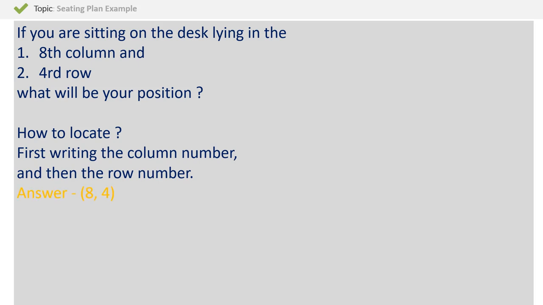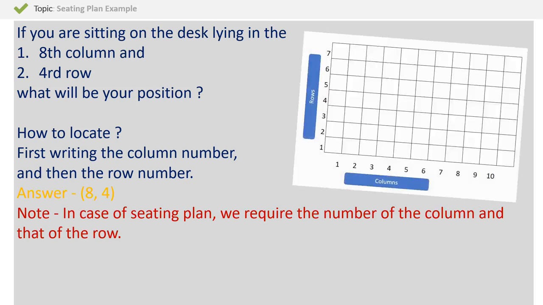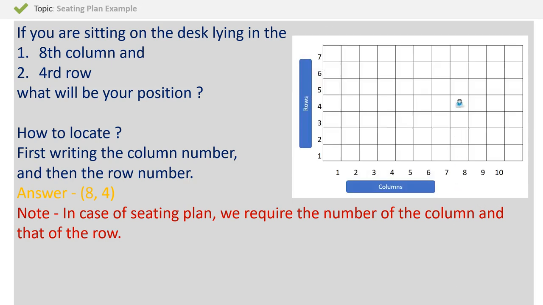The answer is 8, 4 because you put column first and then row. And if you have to locate this, you can see 8th column and 4th row, and this is your position.